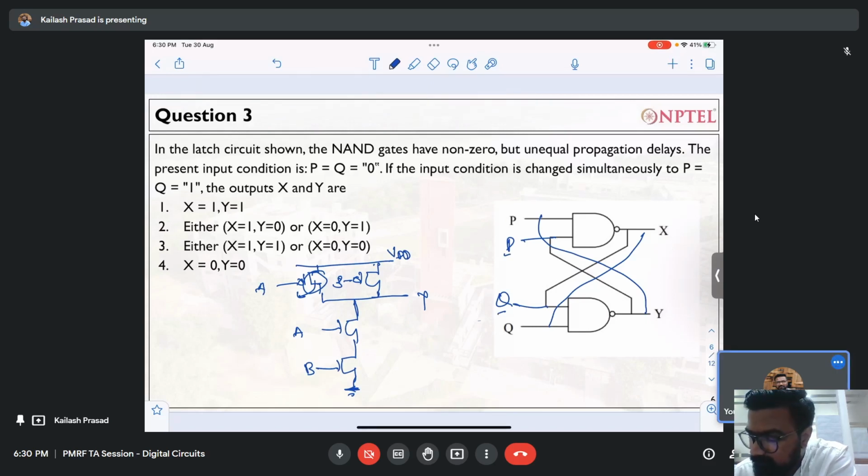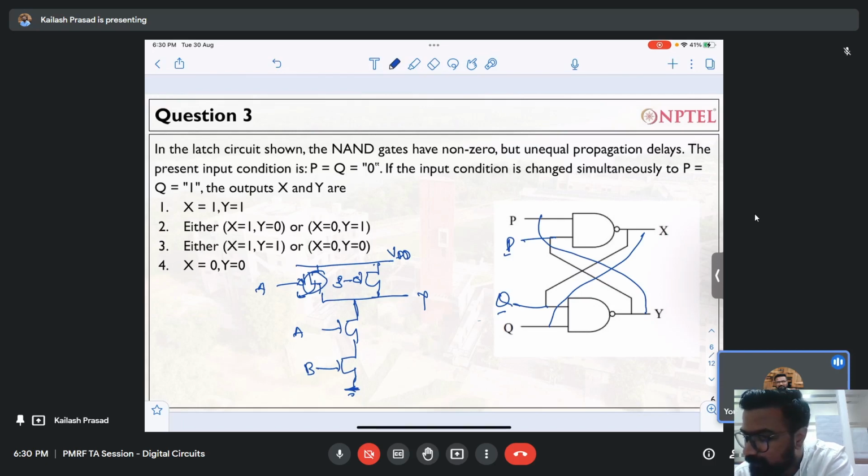So if you change the input connection, you're asking whether that will change the speed of the NAND gate? Yes, sir. It will remain the same, right?